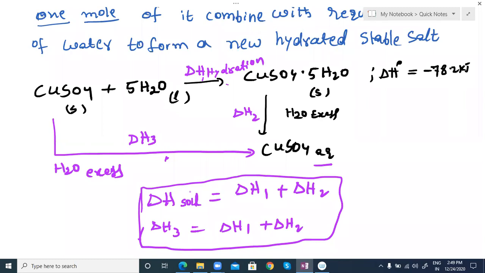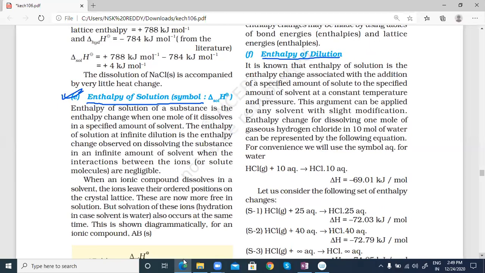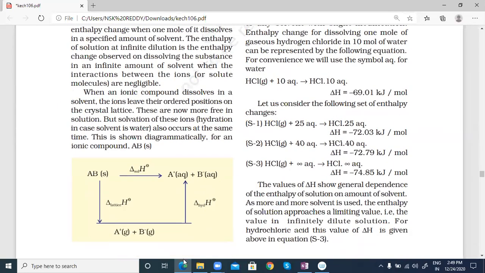Completed. Then what did they give next? Okay, dilution means the same thing, sir. We are adding excess water, that we call dilution. Enthalpy of dilution means we are adding more amounts of water step by step. For example, step 1, HCl with 10 molecules of water, you can assume they are adding this much energy. Then with 25, this much energy.